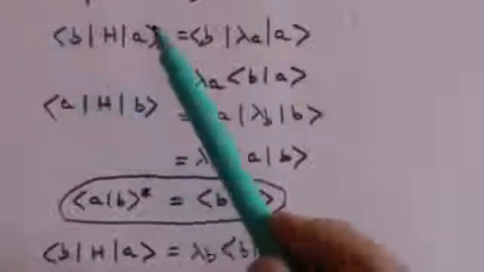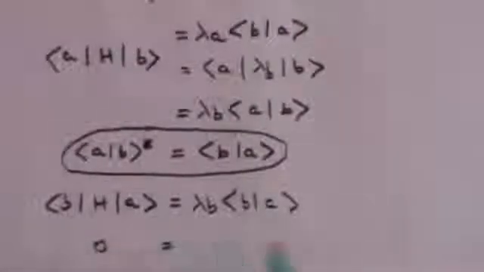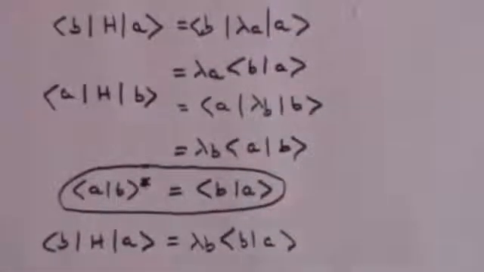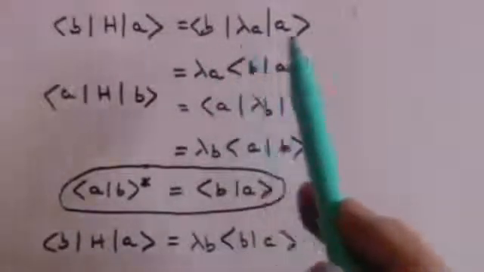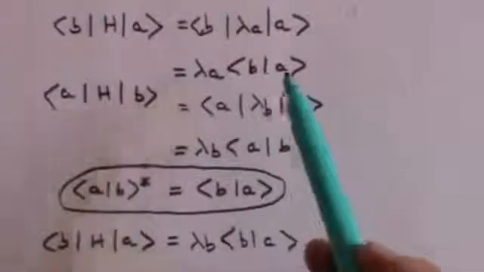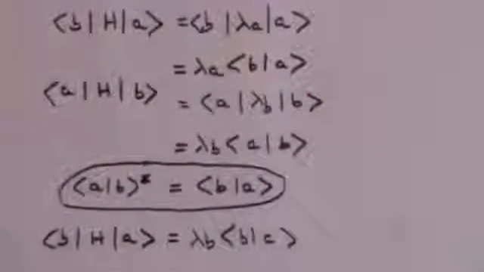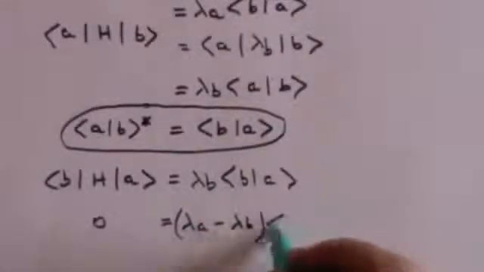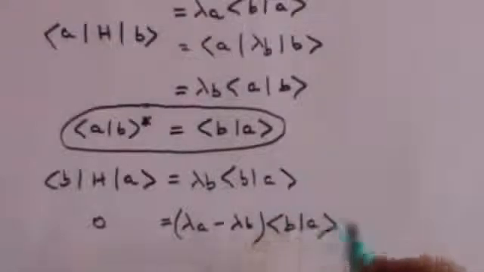Obviously on this side, BHA minus BHA is going to equal 0. And on this side, I'm going to have lambda A into the inner product of B and A, minus lambda B into the inner product of B and A. So lambda A minus lambda B into the inner product of B and A.